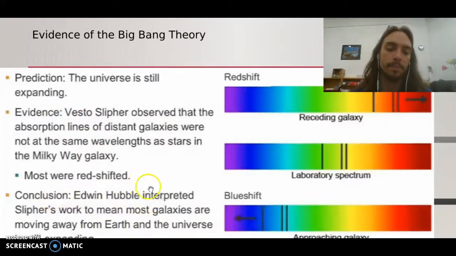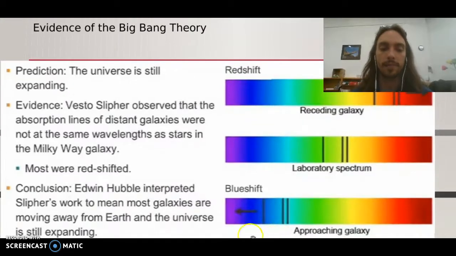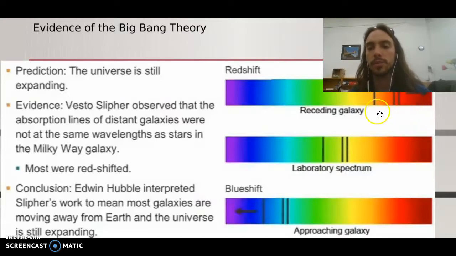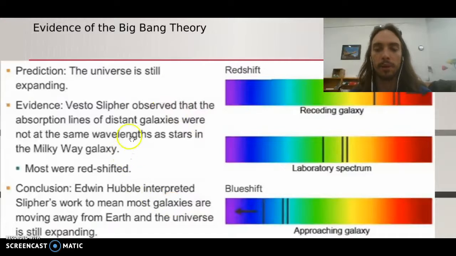They both took measurements of light and wavelengths, and were able to extrapolate that, due to the redshifts they were receiving through their telescopes and monitoring devices, galaxies were actually moving away from us. So most galaxies are moving away from the Earth, and the universe is still expanding because we see this redshift left over from the Big Bang.